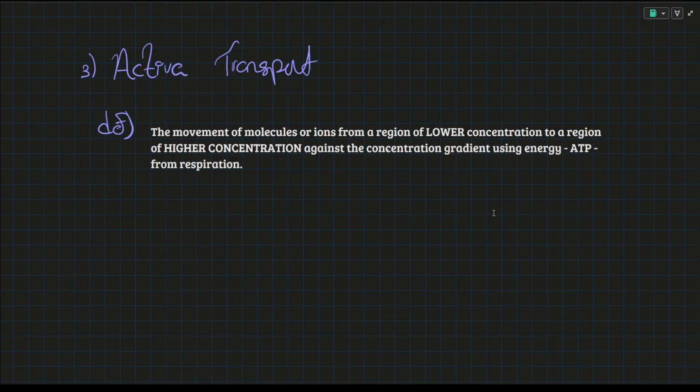That means, second, we're going against the concentration gradient. Third, we need ATP. That's the form of energy, and that is produced by cellular respiration. Okay. The important distinction I'm going to give to you right now is active transport also uses carrier proteins.